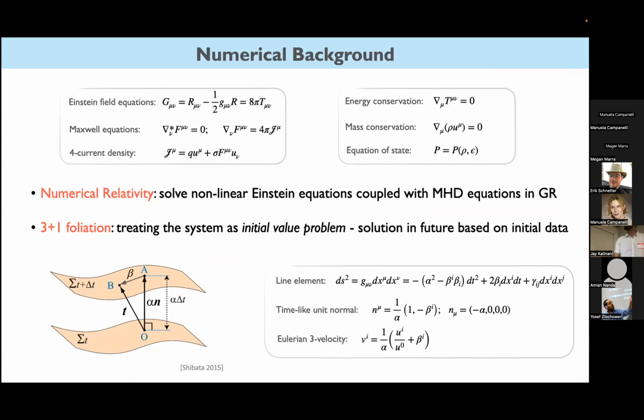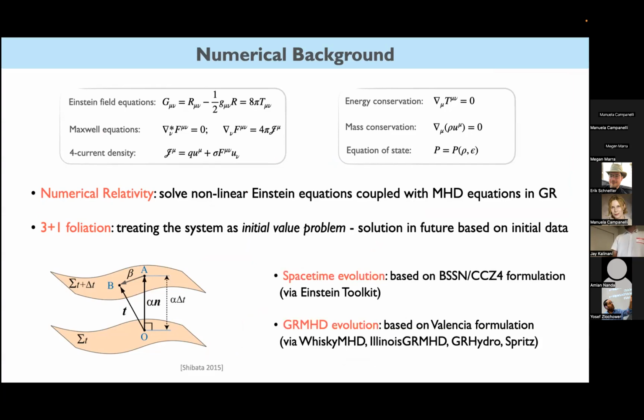For evolving space-time, you have the BSSN or the CCZ4 formulations, which you can typically evolve using the Einstein Toolkit, for example the McLaughlin code mentioned earlier. GRMHD evolutions instead are typically based on the Valencia formulation, and can be evolved using different GRMHD codes that exist in the community. Some of them are listed here.